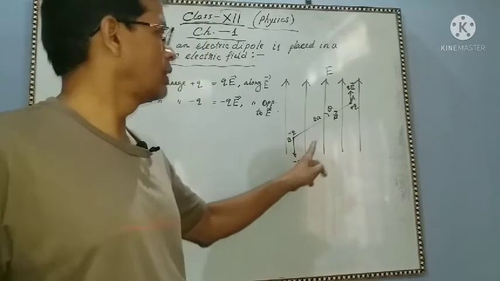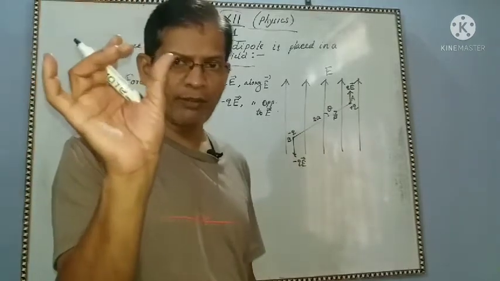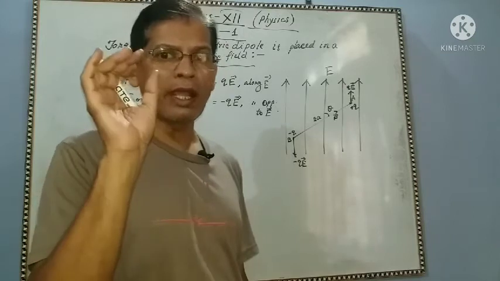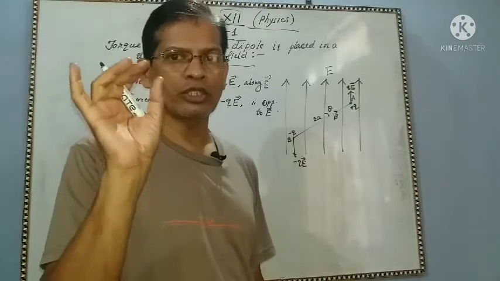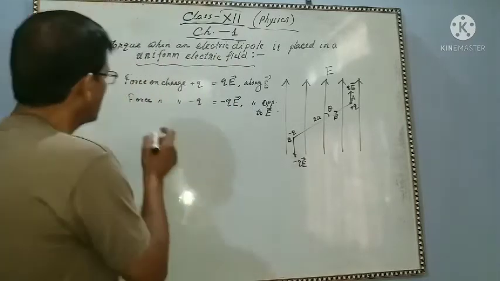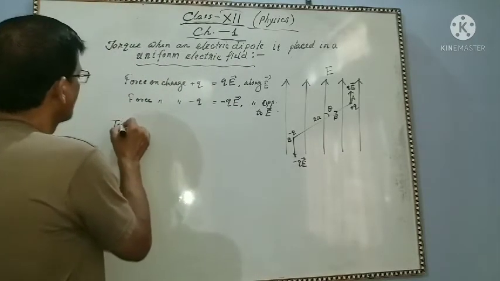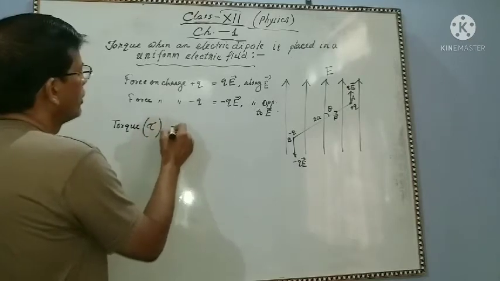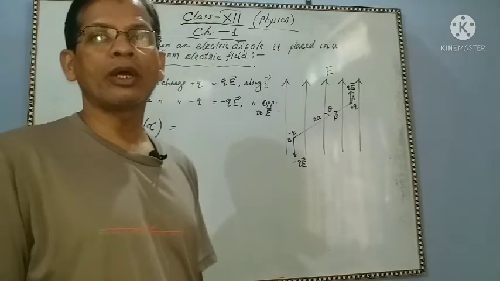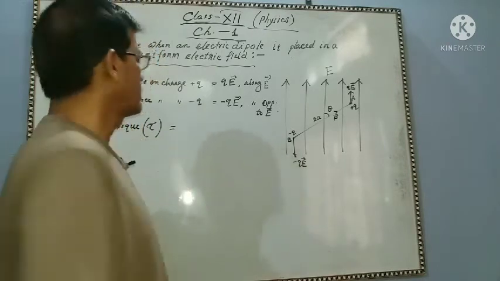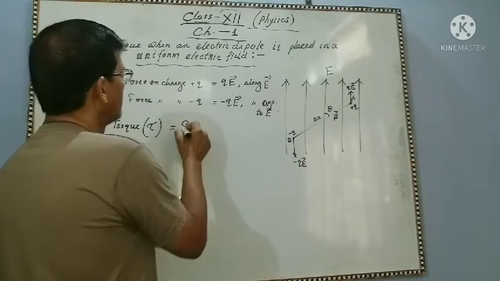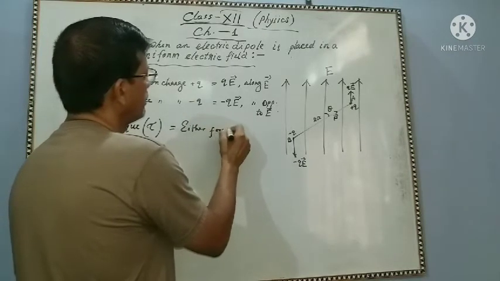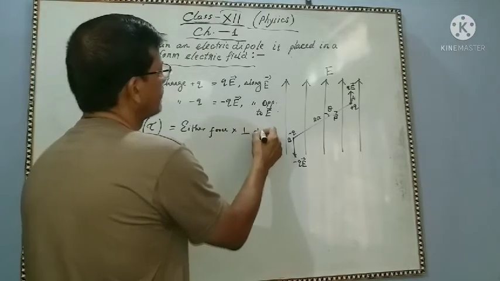These two forces QE have the same magnitude, opposite direction, and different lines of action. So they constitute torque. Now what is torque? Torque equals either force into perpendicular distance.